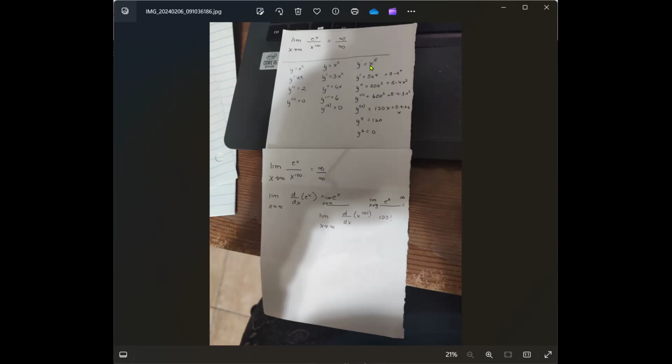So if we look at x to the fifth, I did one more here. And I tried to show you a pattern. So this is 5x to the fourth, we know that. And I wrote that as 5 times x to the fourth. You'll see why in a minute.